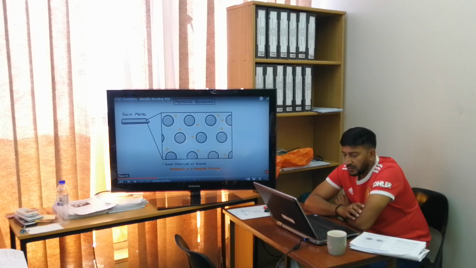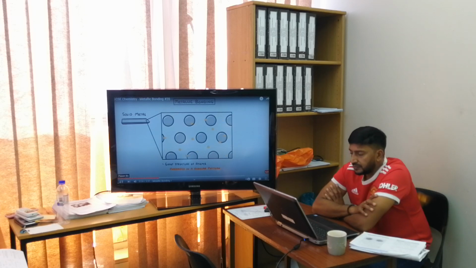In a metal, the atoms actually give up these outer shell electrons and share them with all the other atoms in the metal. This means that the atoms will all become positive ions because they've lost negative electrons. Because those electrons are now free to move about, we call them delocalized electrons.